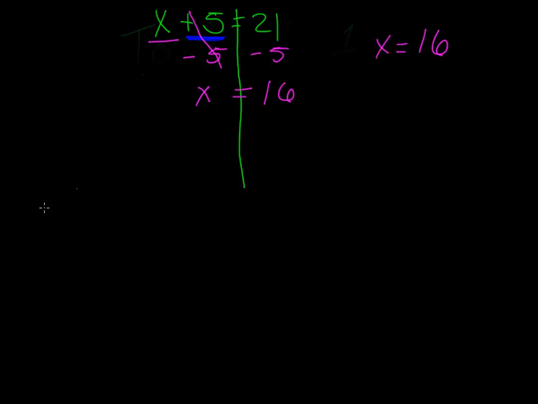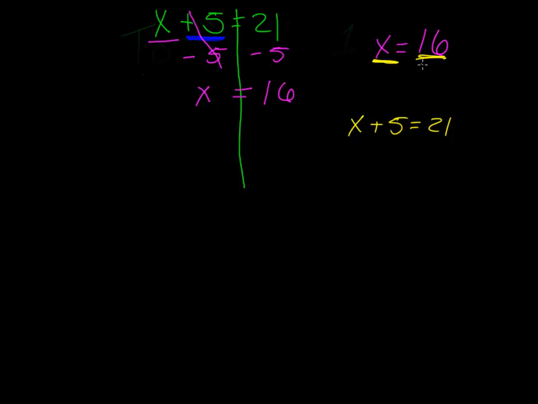I'm going to go over here and grab another color real fast. Anywhere that we see an x in our original equation, we're going to substitute in a 16. So, my original equation, x plus 5 equals 21. Substitute in. That is a big key word. I think it's part of the language that you really need to learn.